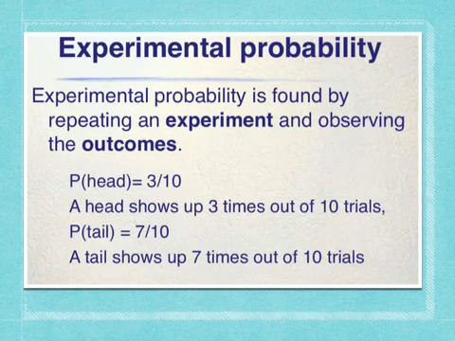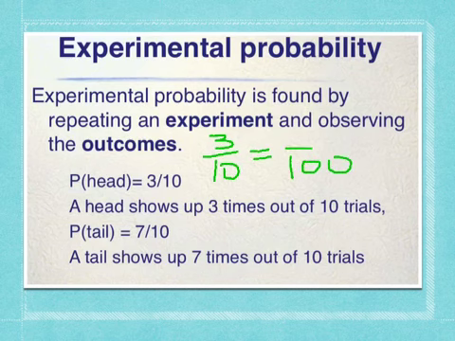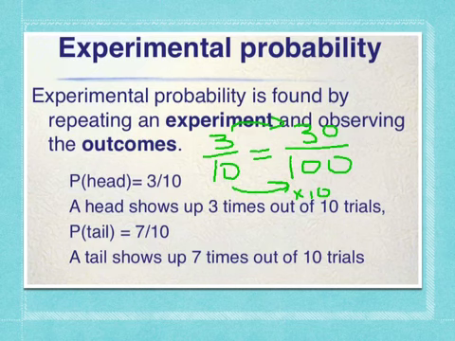So if the probability of getting a head is 3 out of 10, how many times would we get a head out of 100? Well, these are proportional relationships. To get from 10 to 100, we multiply by 10, and that means we can also multiply the 3 by 10. So we would expect to get 30 heads if we were to toss the coin 100 times.